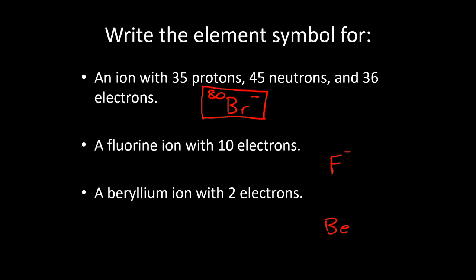And since we're not given any information about the neutrons, we're not even going to worry about the mass number. Most of the time the mass number is not needed. Beryllium, with 2 electrons. Beryllium is element number 4 on the periodic table. So if it has 2 electrons, it is going to be 2+ is its charge. And once again, because we're not given any information about the neutrons, we're just going to leave the mass number off.